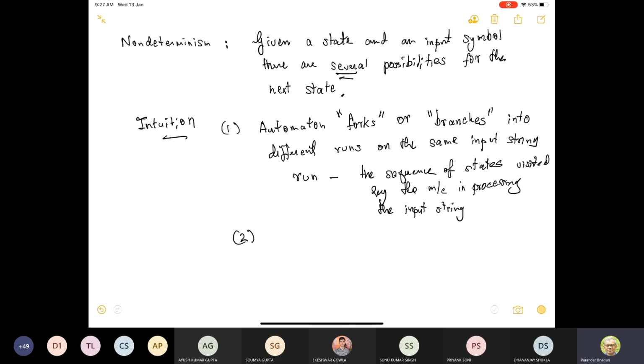The other way to think of it is the automaton guesses the right next state which will lead to the input being accepted.